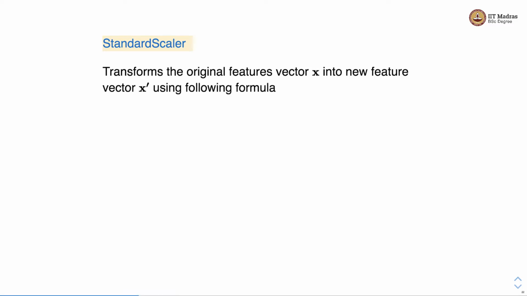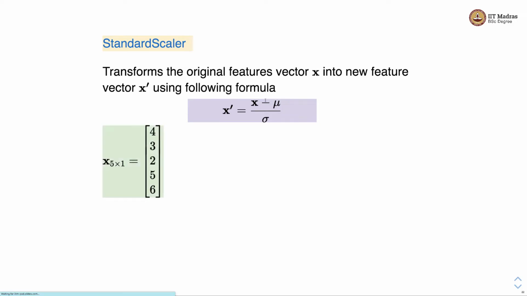The StandardScaler transforms the original feature vector into a new feature vector by using the following formula. We calculate mu, which is the mean, and the standard deviation, and subtract the mean from the feature value and divide the difference by the standard deviation to get the transformed value.